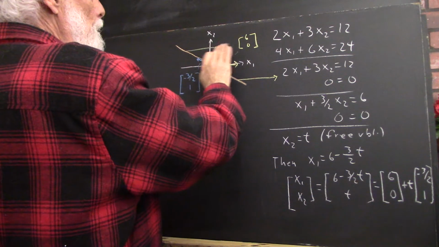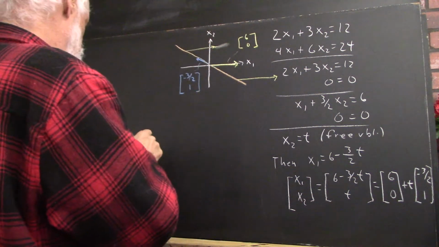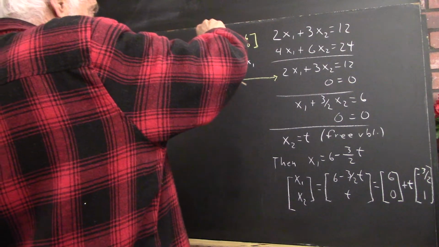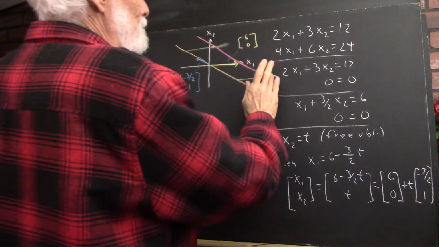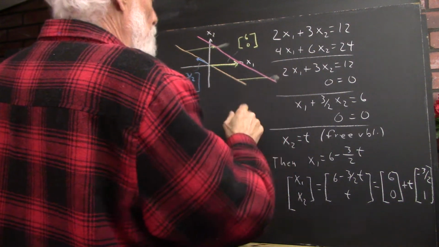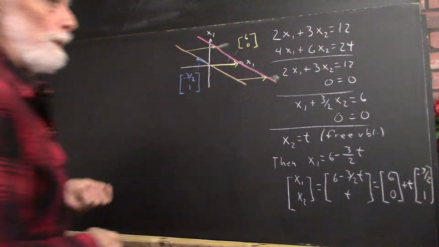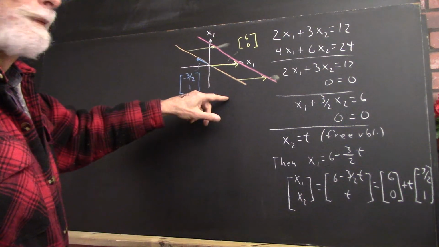Well, I'm not doing that very well, but when you do that, you end up with the tips of these vectors lying along a straight line. I didn't do a great job of keeping things consistent here, but there we have it.